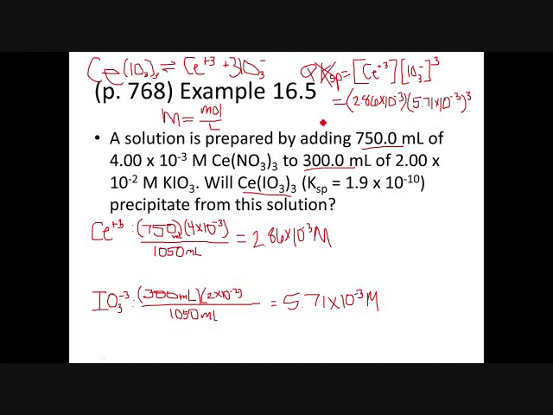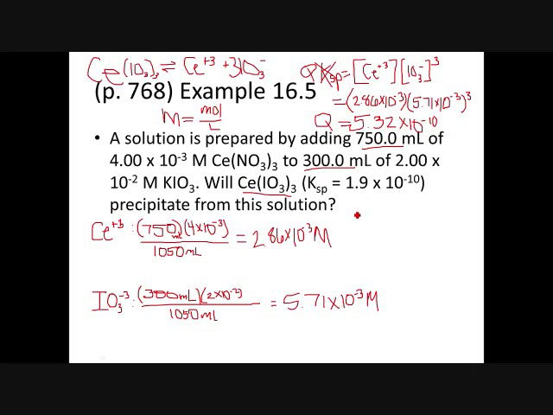Okay, so then when you get that, Q is equal to 5.32 times 10 to the negative 10. No unit needed, just like Ksp doesn't have a unit.